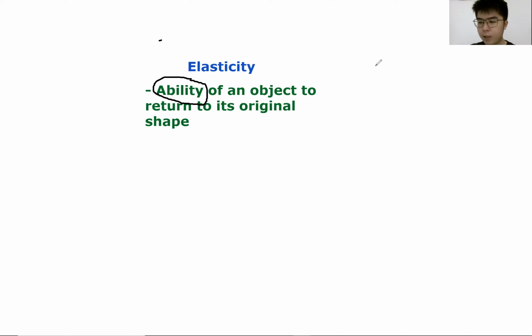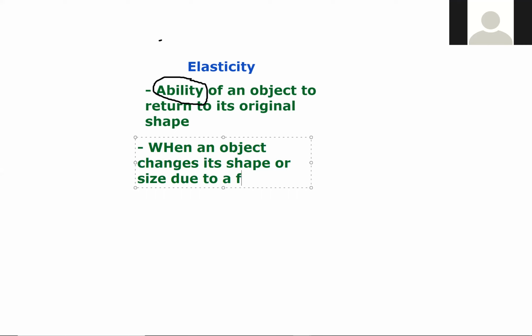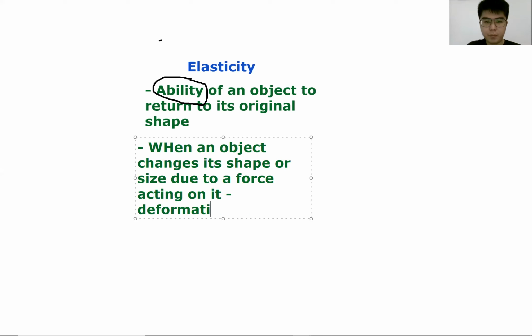Now, when an object changes its shape or size due to a force acting on it, the object is said to be deformed. So I write down here: when an object changes its shape or size, it is said to be deformation.